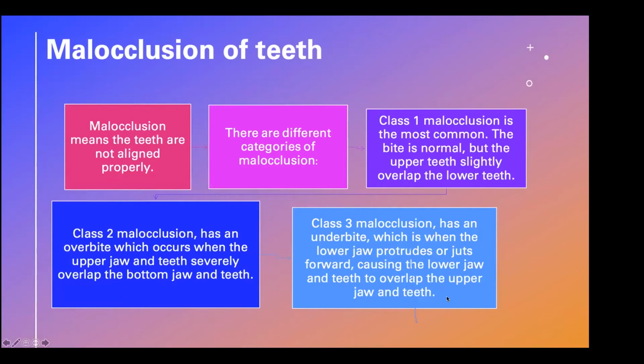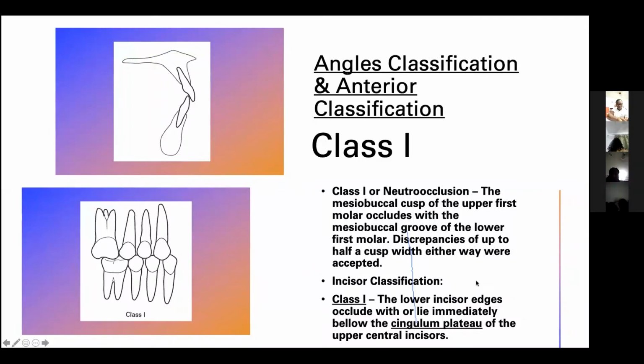So for a class 3, we're looking at a protrusion of the lower jaw. So that was a basic definition of what these occlusions are. Now I'm going to get a bit more technical and show you the technical definition of class 1, class 2, and class 3 malocclusion.